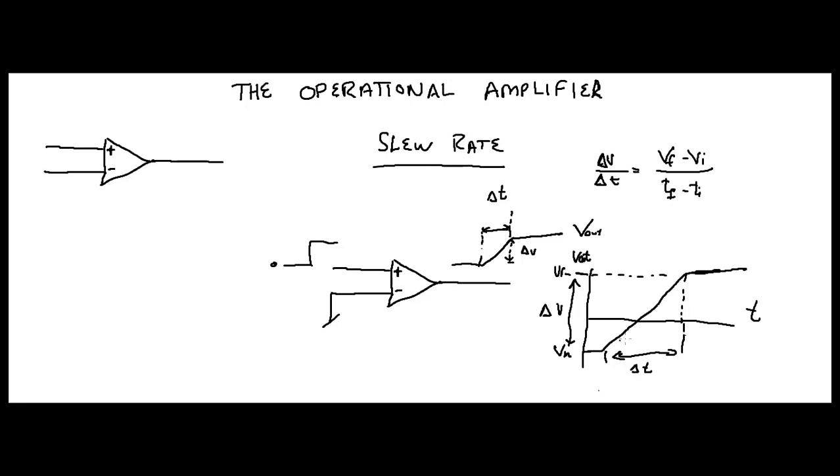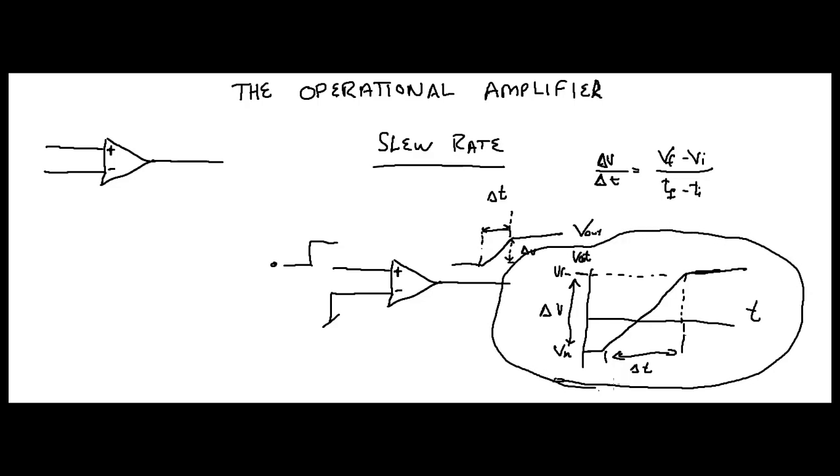So that's pretty much what you're going to see in problems, I would assume, in your courses and when you're working with them, and you can easily calculate this slew rate.